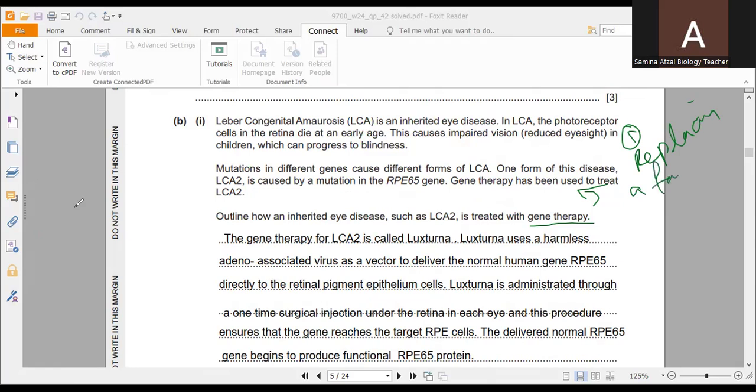So how is an inherited eye disease treated with gene therapy? Now we have to discuss how this gene therapy can be done.